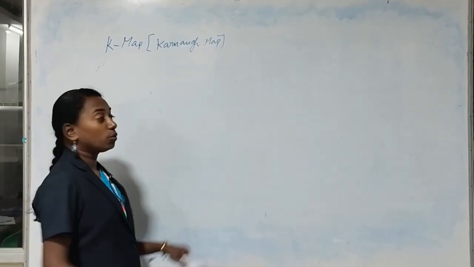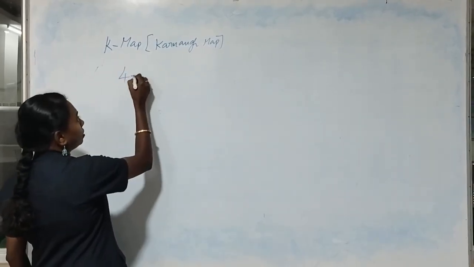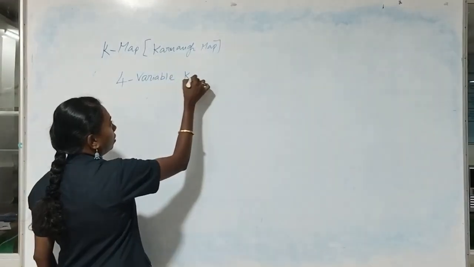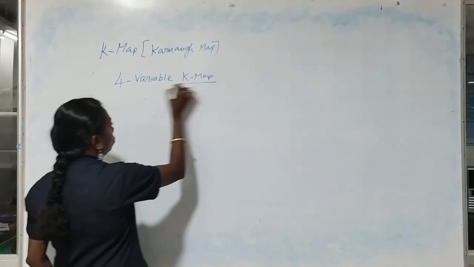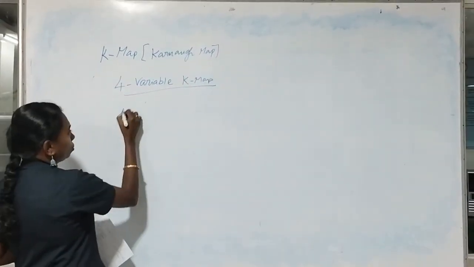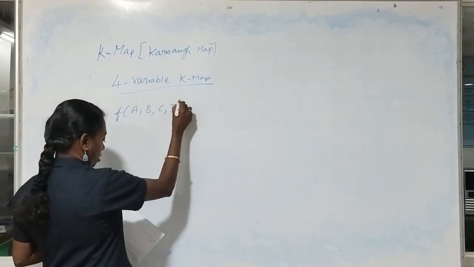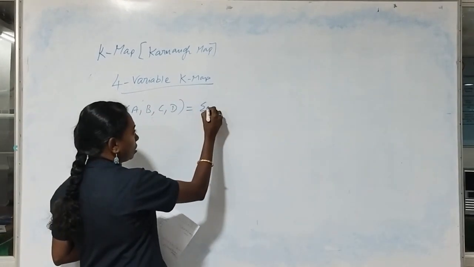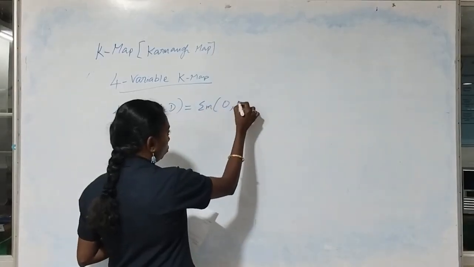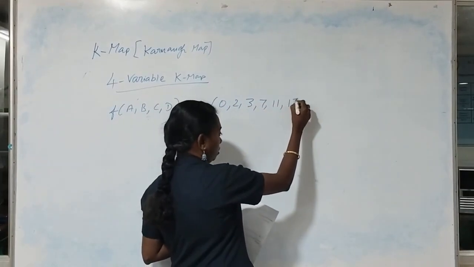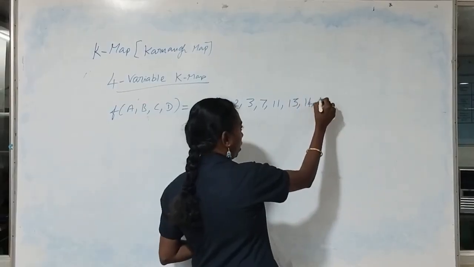So next thing is we are going to see a 4-variable K-map. So let's take an example. f of A, B, C and D is equal to summation of m 0, 2, 3, 7, 11, 13, 14 and 15.